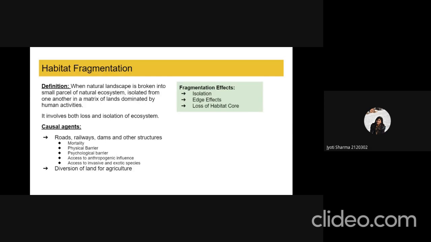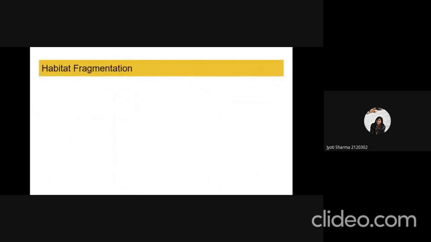Then we have the edge effect: fragmentation creates an outer boundary, and this outer boundary allows humans to enter. So this is the edge effect. Then the loss of habitat core, which is the same as the edge effect.